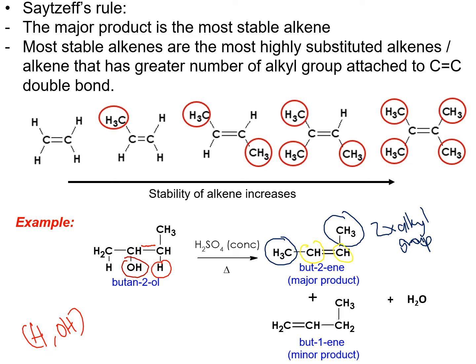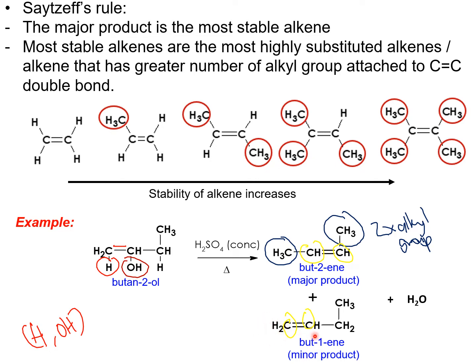Next, if let's say I remove this hydrogen atom pula, how? Okay, for example, kalau let's say I remove pula this hydrogen atom, what will happen? I akan buat double bond dekat sini. So, bila I dapat double bond dekat sini, kalau tengok carbon double bond belah kiri ni ada dua hydrogen atoms. So, this is not alkyl groups.